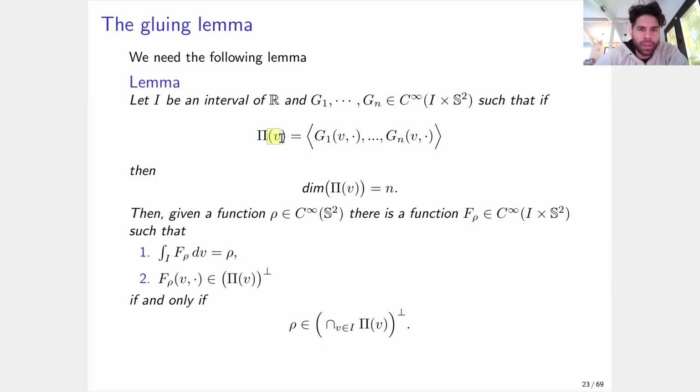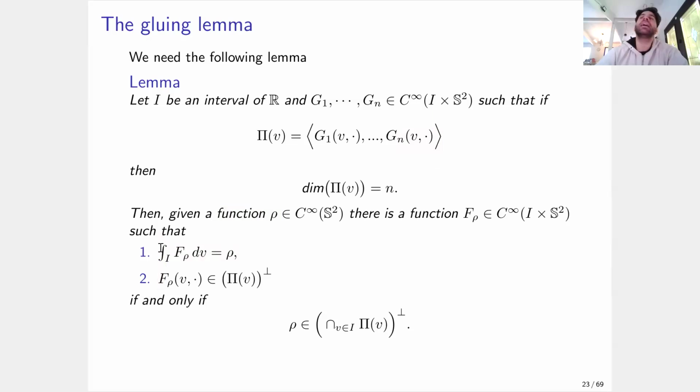Let's assume that V gives you the section you are in. These guys here span the kernel at each section. And so we assume that this is non-trivial for every V. So what do you want? Given a function rho, you want to find a function f rho, whose integral in V is given.